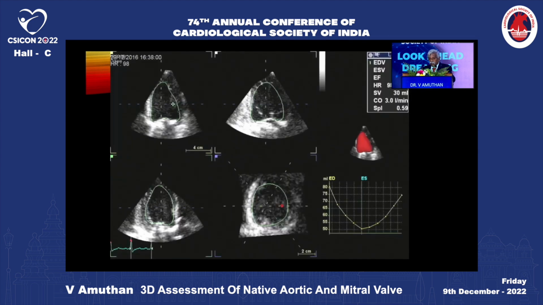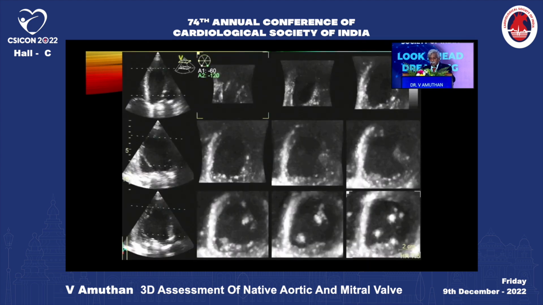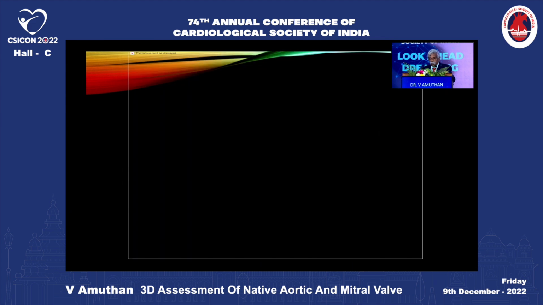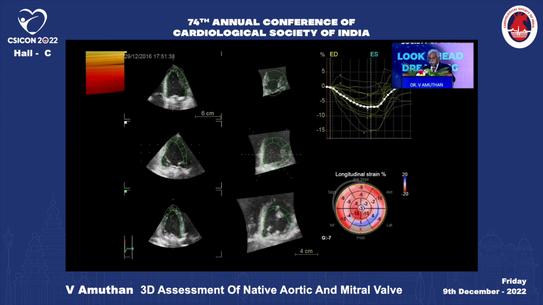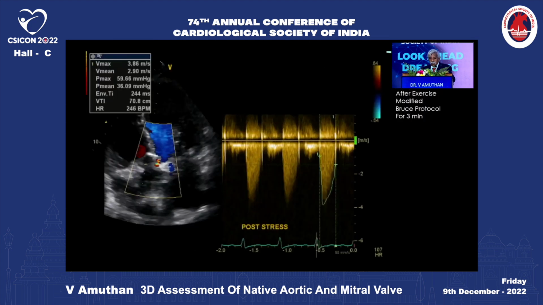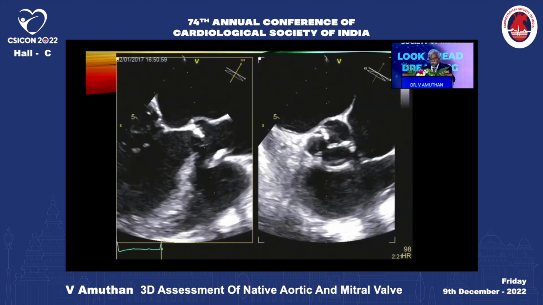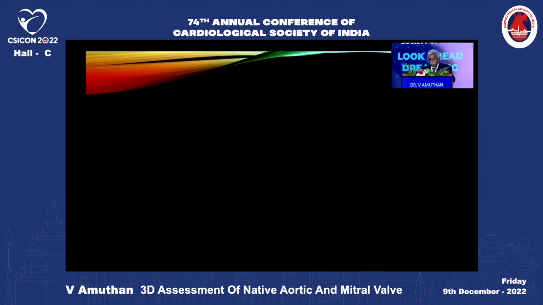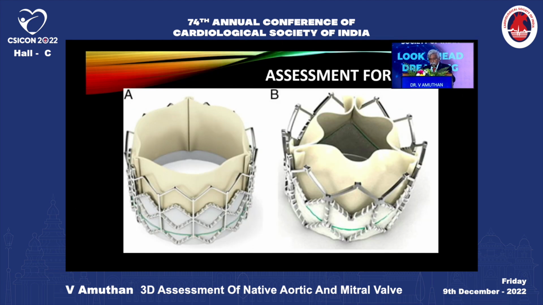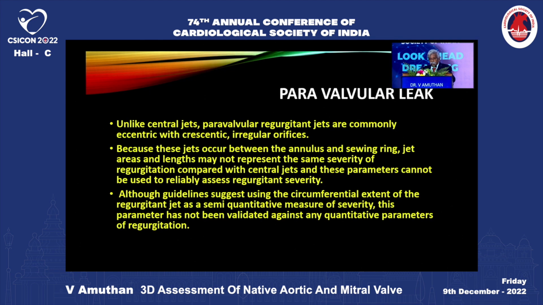This is the ejection fraction of 38% in this case, and after the treadmill exercise, the gradient increased. The mean gradient was 36 and the peak gradient was 59 in this patient. So the patient was referred for surgery.